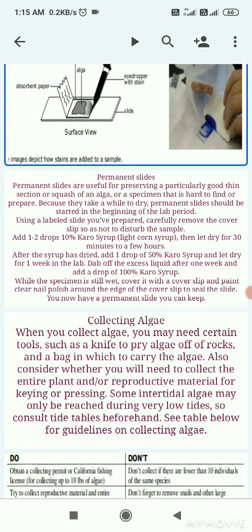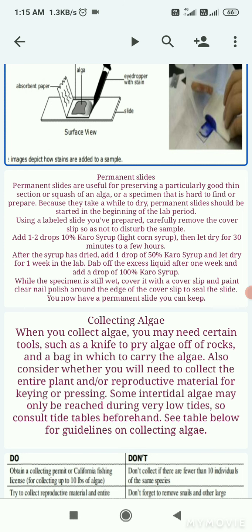Then, because they take a while to dry, permanent slides should be started at the beginning of the lab period. For that purpose, we use labeled slides, and you have to prepare them carefully and remove the cover slip so as not to disturb the samples.